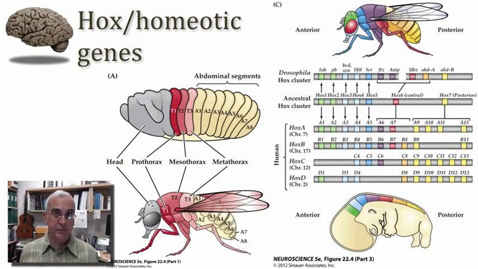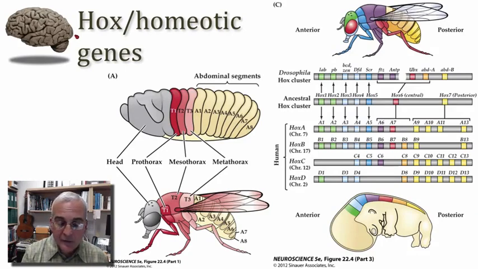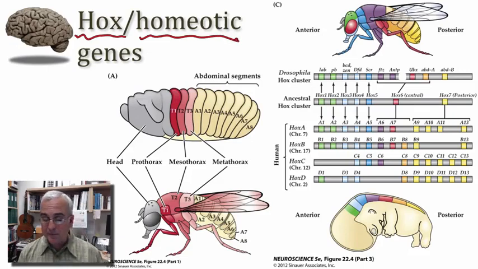Well, much molecular and genetic biology has gone on over the decades, and we've come to recognize that this segmentation of the developing larva into an adult form reflects the expression of what we call in Drosophila Hox genes, and their homologs in mammals, including humans, are called homeotic genes.